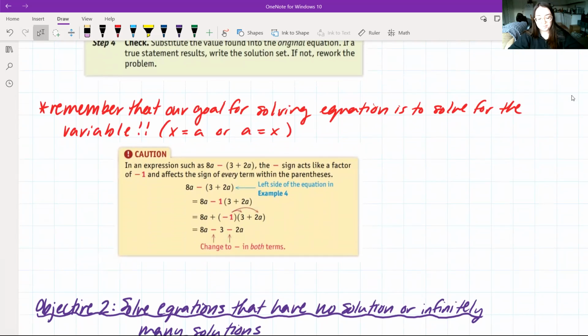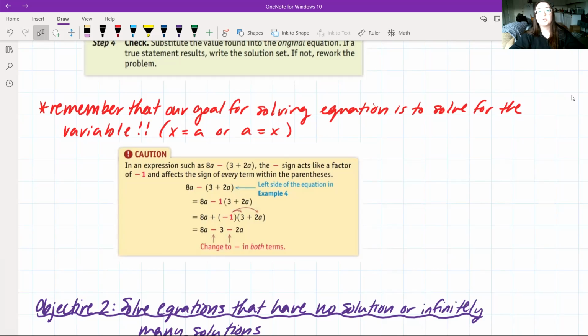Just a quick caution, we did go over this in one of our last discussions, but if you missed it, we just want to share that in an expression such as 8a minus 3 plus 2a, the minus sign can act like a factor of -1 and affects the sign of every term within parentheses. So if we have something like 8a minus parentheses of 3 plus 2a, it's the same as saying 8a plus -1 times 3 plus 2a.